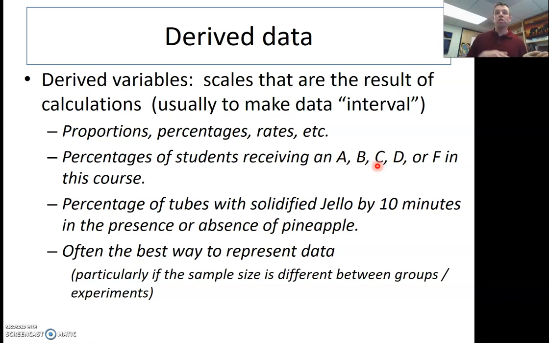There is anywhere from 0 to 100% of the students that are getting an A, and so forth. Hopefully 100%. This is how we worked with the tubes with solidified gel. We can take the number and turn it into a percentage. So oftentimes, if you're taking data that is not interval data, you might have to do a derivation to get it to percent, and then you can start to work with it in statistics.